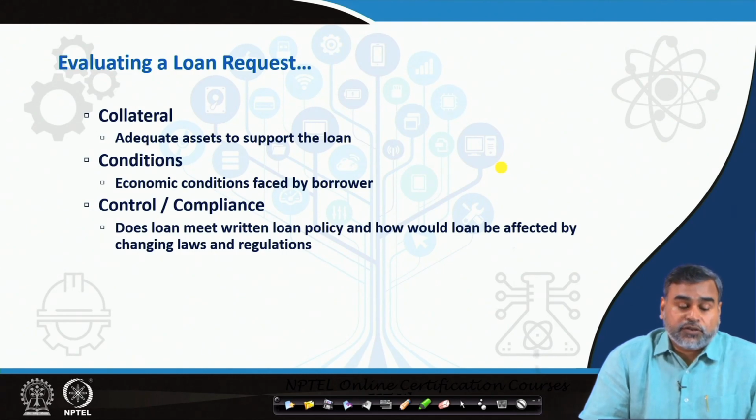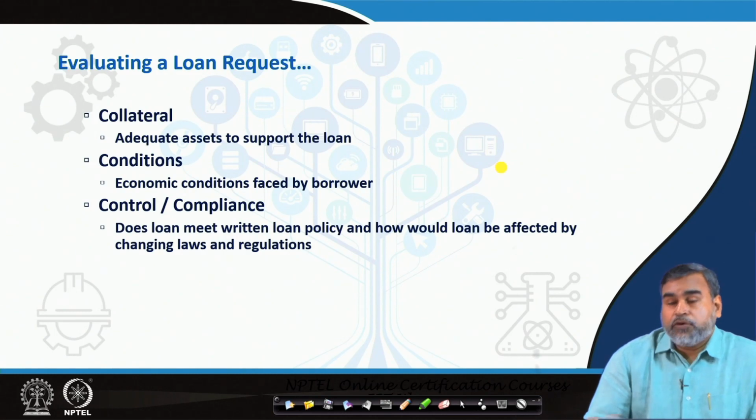There is a huge loss, or the competition in that segment has gone up, so the amount of profit goes down. At that point of time, it is very difficult for that borrower to repay the loan.